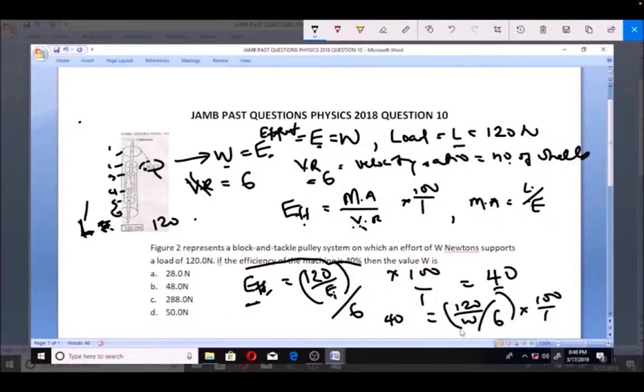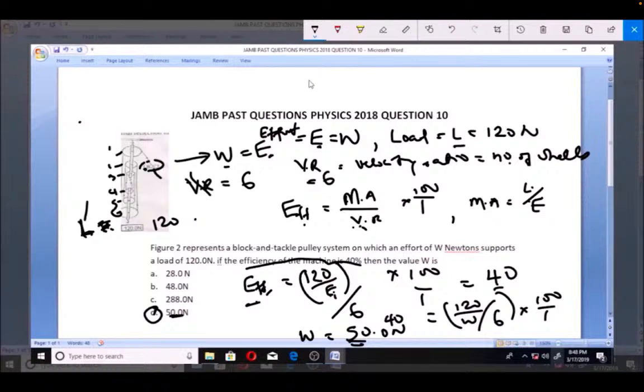In place of E, we put W because the effort is W newtons. If we make W the subject, we get W equal to 50 newtons. So the answer is D.